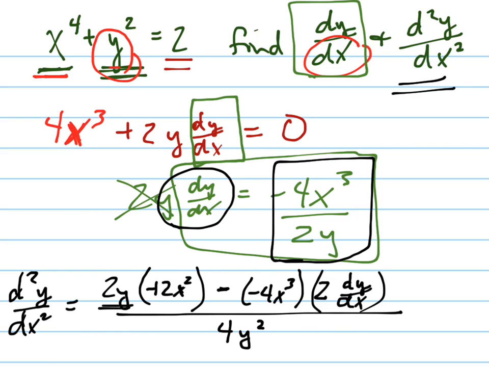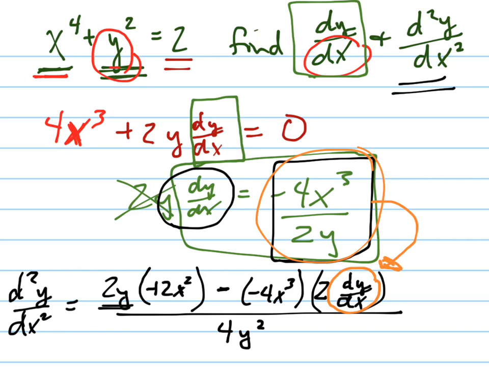Now here's the trick, or one of the tricks, and I'll go ahead and do this since I'm running out of room. What we're going to want to do is take this right here and substitute in for dy dx, because if you ever have any dy dx's, go ahead and substitute what you got previously, because that's what it's equal to. It's a substitution problem, and then you've got just a big old nasty problem, and you simplify it.